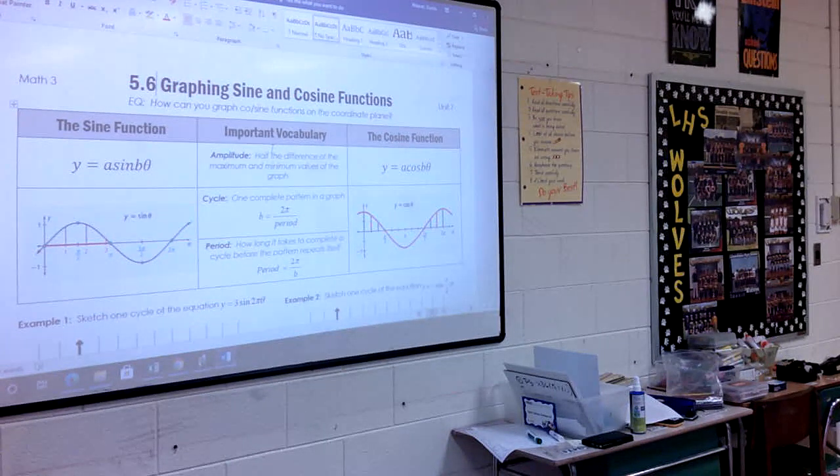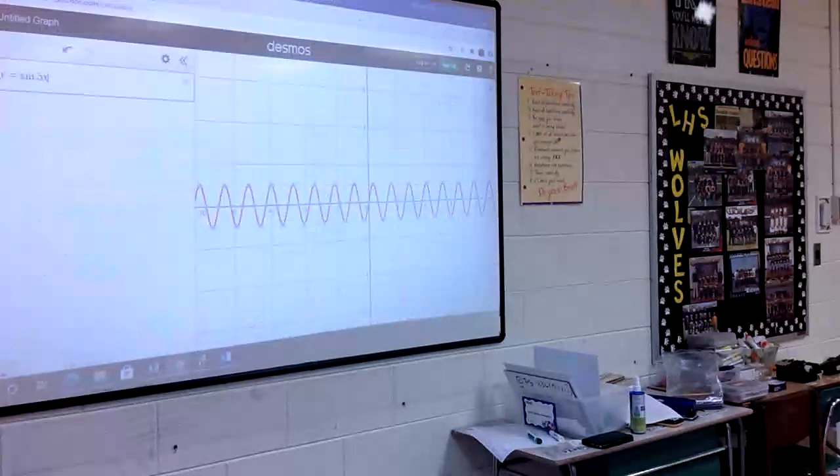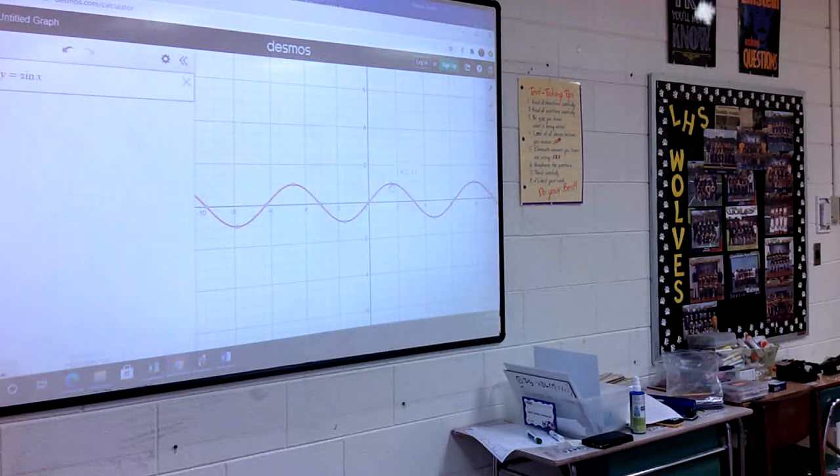On Desmos, if you look at the regular sine graph, the highest it goes to is positive 1, and the lowest it goes to is negative 1. That's a distance of 2, and half of that is 1. Another way of saying the amplitude is how far does it go up and how far does it go down. It goes up and down 1 in each direction. So the amplitude is how high and how low the graph goes from the middle. Okay, so that's your amplitude.